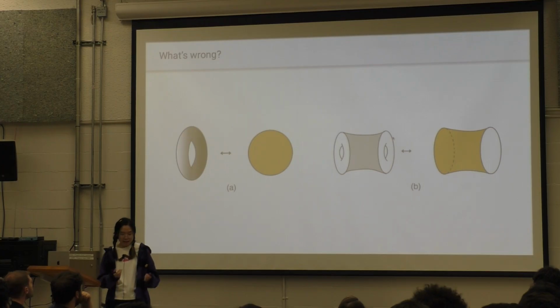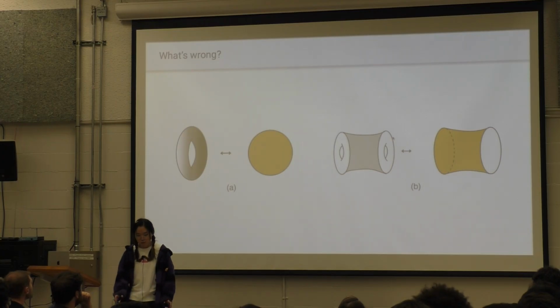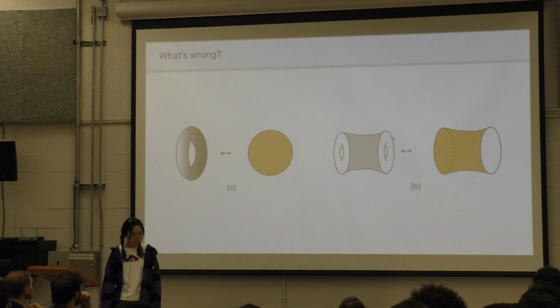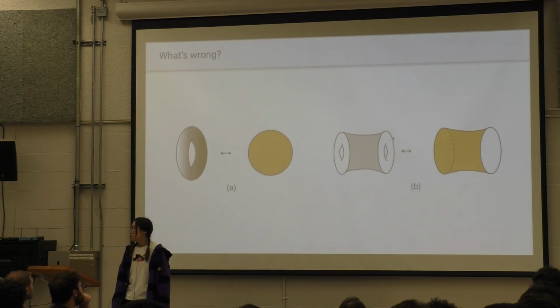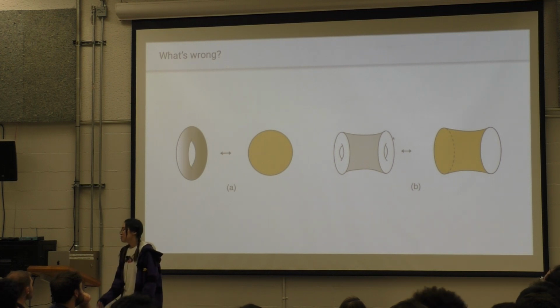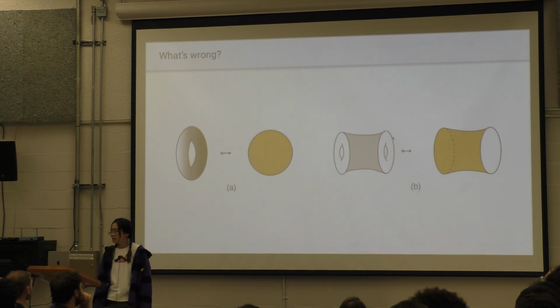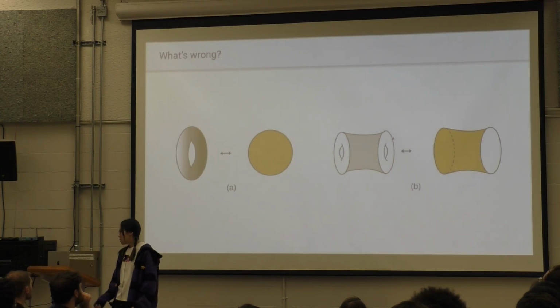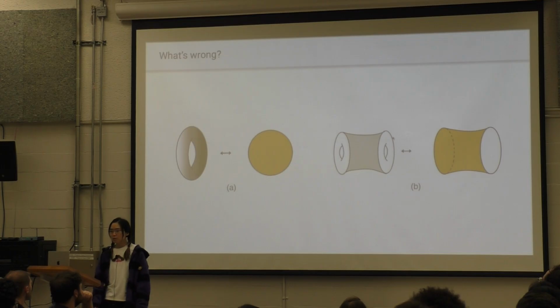To understand what is wrong, we try to do a simpler calculation by going down one dimension to JT gravity. We can do dimensional reduction for the BTZ black hole to go to a disk in JT gravity. And analogously, a torus wormhole would reduce to a cylinder in JT.